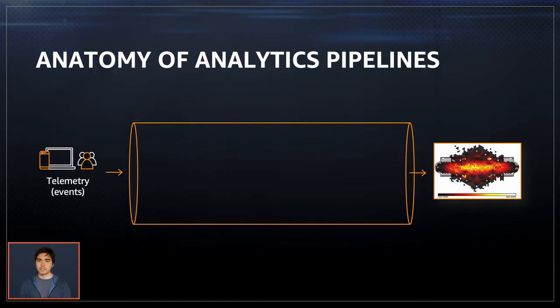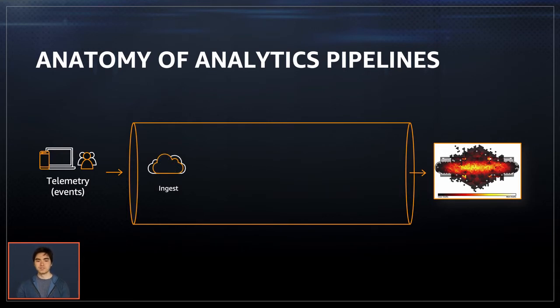Our end goal is to create a heat map of one of the maps in Flying Robot Unicorns in Space and understand where the most player deaths are happening on that map. And if we understand that, hopefully we can redesign the map to be a better experience for players. So let's actually see what components go into building an analytics pipeline.